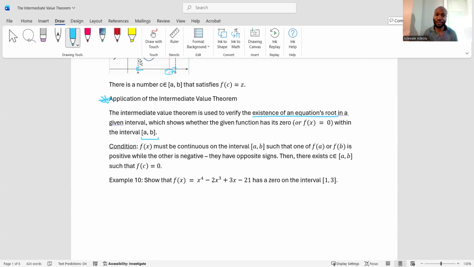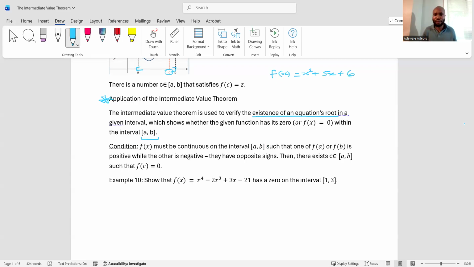That is very beautiful because there are some complex situations whereby, let me give you an example. Suppose I give you something like this: f of x equals x squared plus 5x, maybe plus 6.